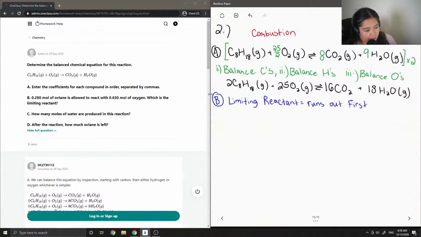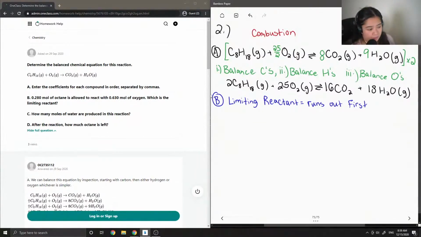There are different methods that people like to use to find out which one of their reactants is limiting. One way that I like to do is to find how much product is formed if the reactant went to full completion.